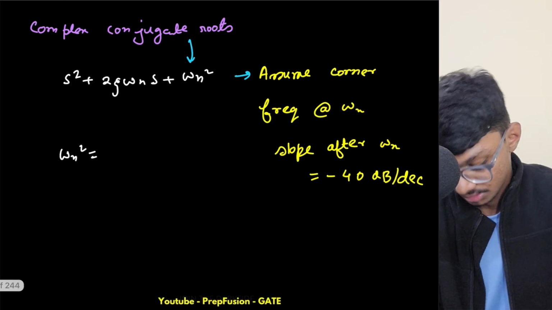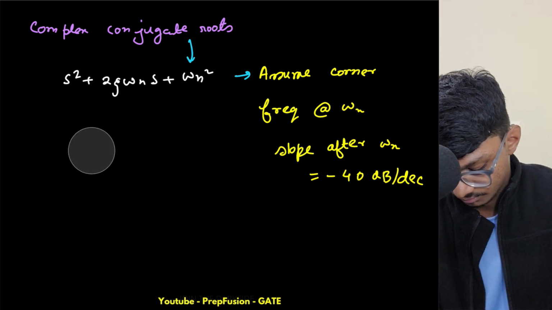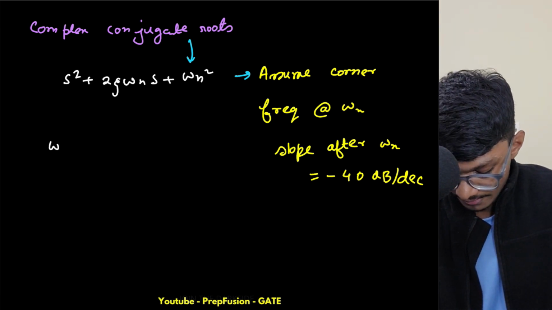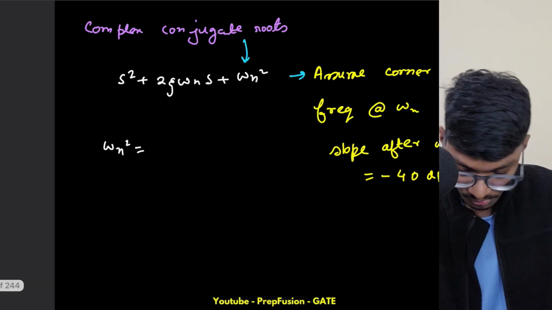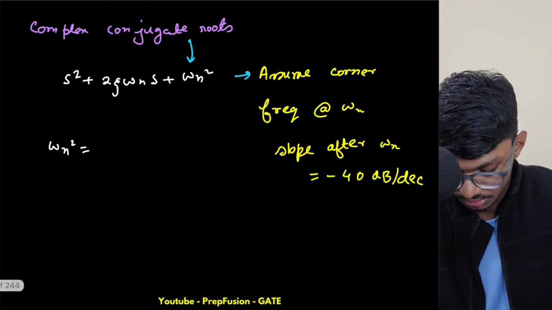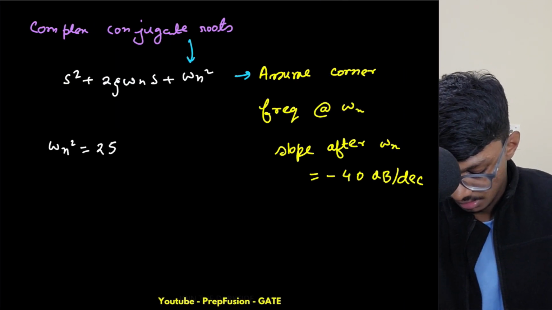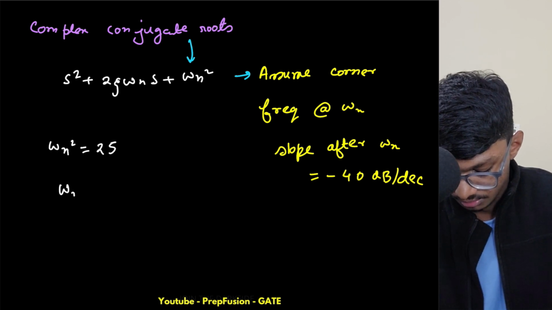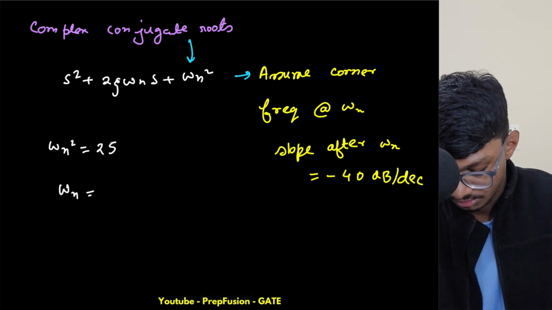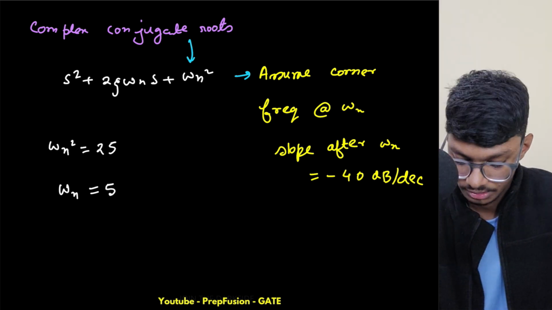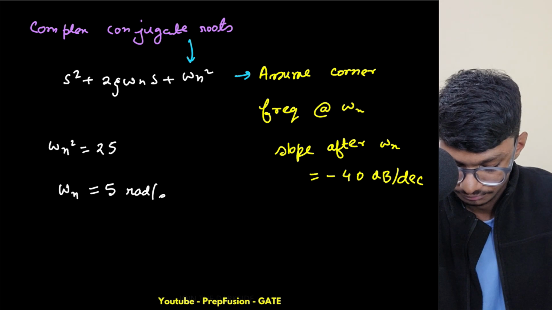So omega n square is 25, and omega n equals 5 itself.